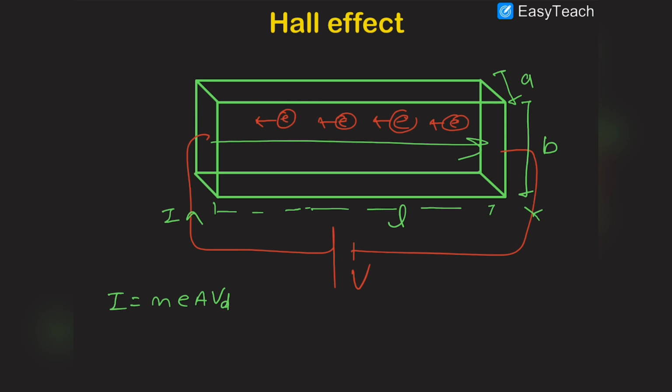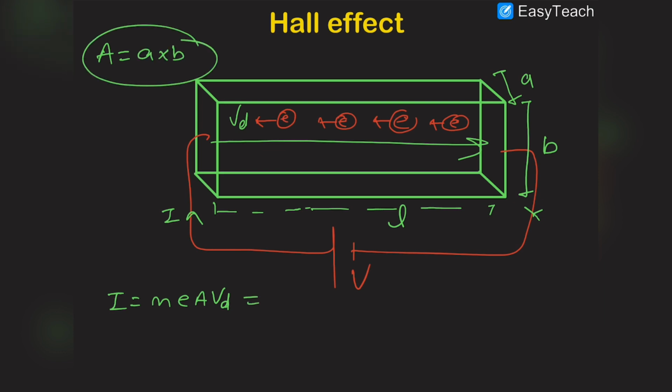So I will be equal to neAvd, where A is the area of cross section and vd is the drift velocity of the electrons, which is the average velocity of the free electrons with which they move through this conductor. In this case, the cross sectional dimensions are a into b, so the area of cross section will be a into b.